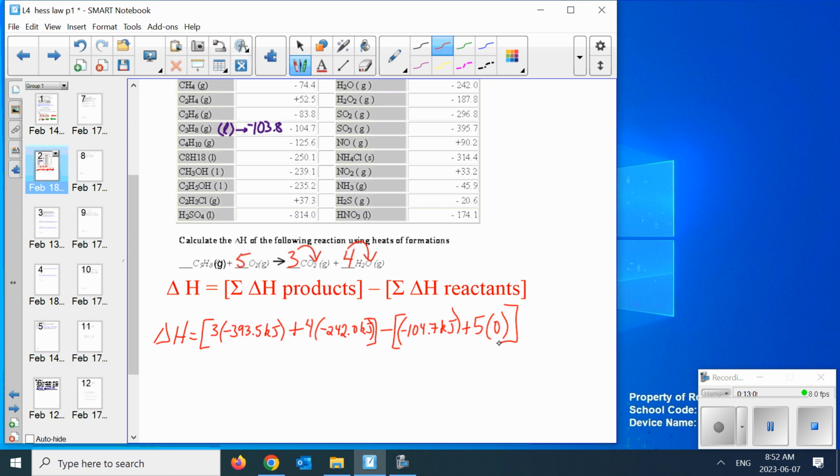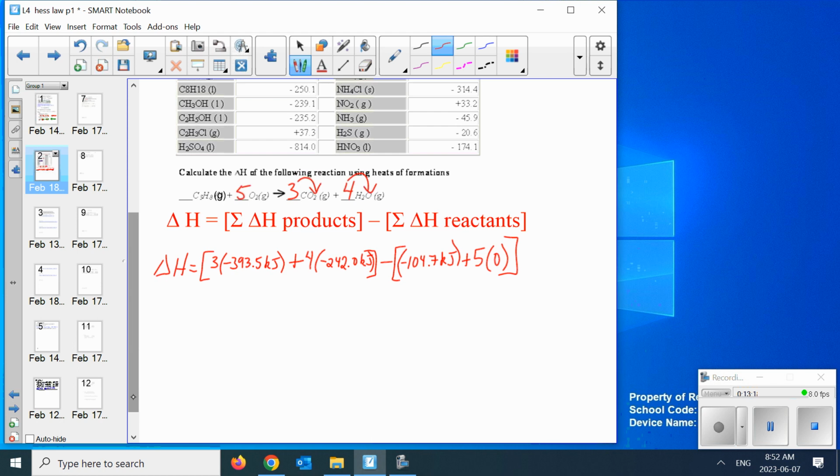Now what? Well, this is just a calculator issue. I'll do it in chunks. You can do it all in one step, but sometimes people make mistakes. I'll do it in chunks. 3 times negative 393.5. Now, 4 times negative 242.